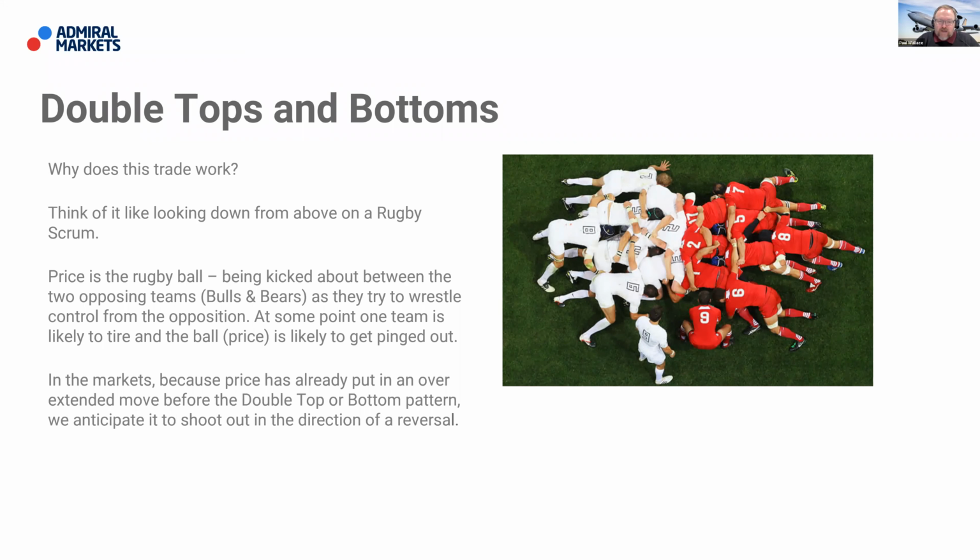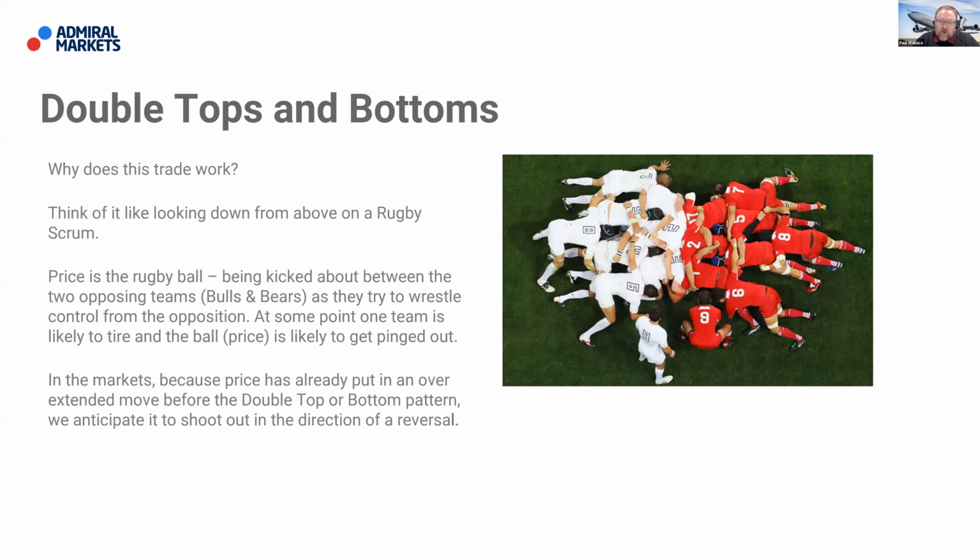In trading, price is like the rugby ball, kicked about between two opposing teams, in this case the Bulls and the Bears, as they try to wrestle control from the opposition. At some point, one team is likely to tire, and the ball, which in this case is price, is likely to get pinged out, and then the move happens.